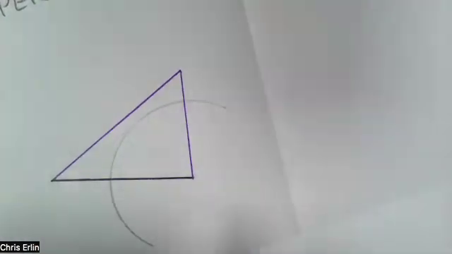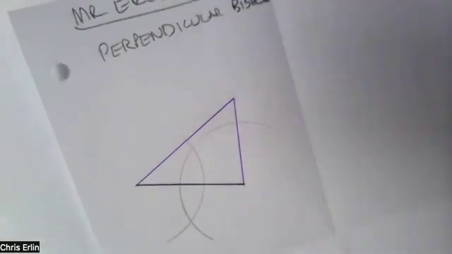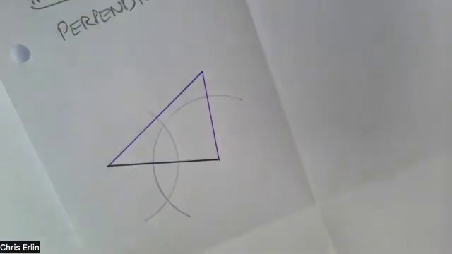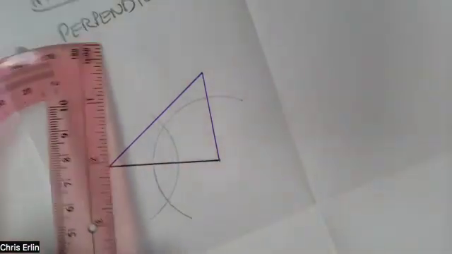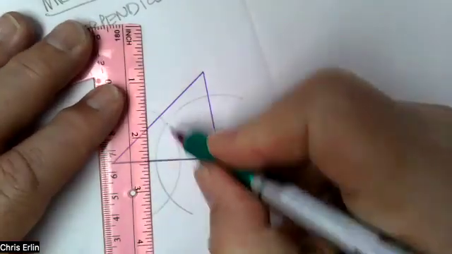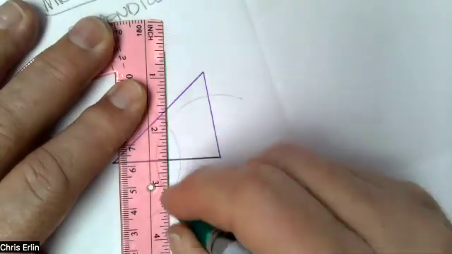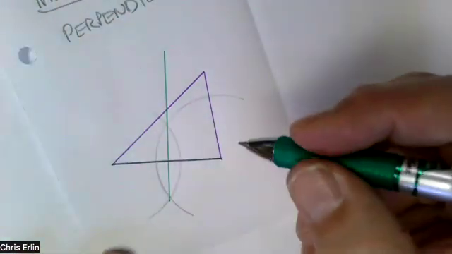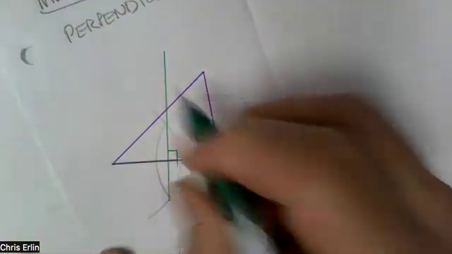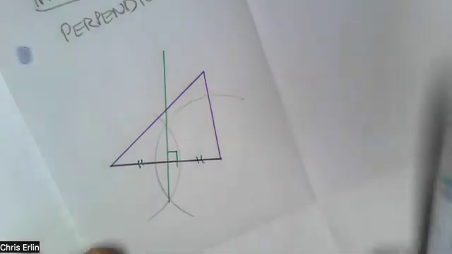Pick that same length up, move to the opposite corner or vertex, and draw another arc. By doing that, we should produce this football-looking thing. And if we now connect the endpoints of this football, we produce a line that is both perpendicular and a bisector.